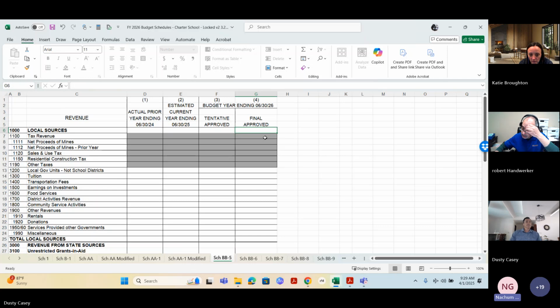We actually had a finding from an audit a few years back because we didn't do a December budget. So since then, we've done a December budget, and it's pretty much almost exactly the same as June, but to avoid the finding, we do an amended budget in December. Yeah, and schools do amended budgets at different times throughout the year. If you get a brand new revenue stream or a grant or something that you need board approval for, you can do an amended budget throughout the year at any time, as long as your board approves it.